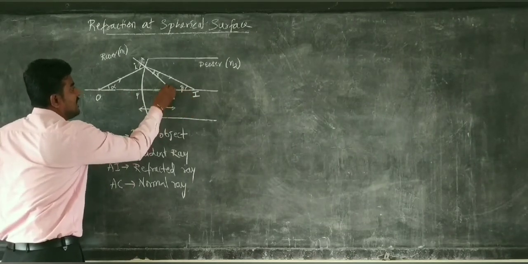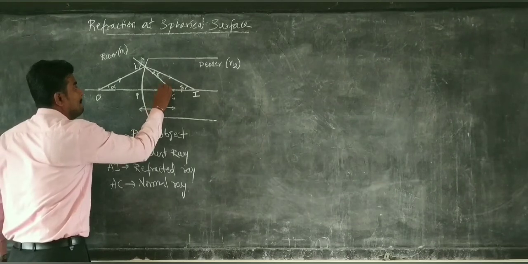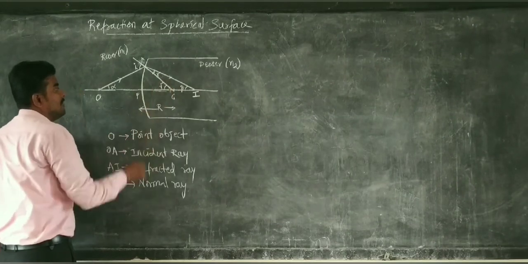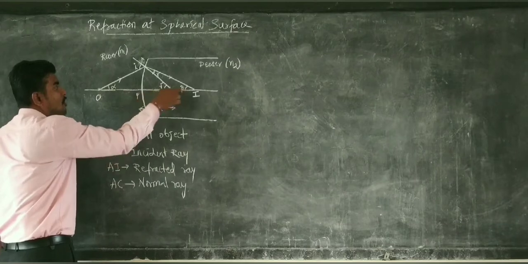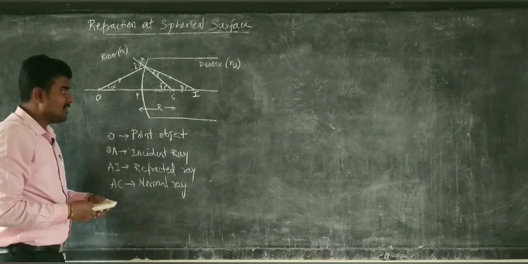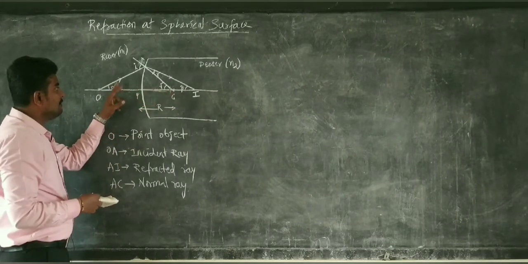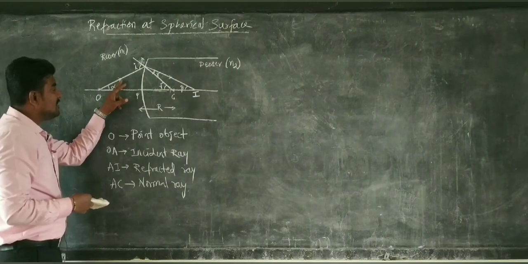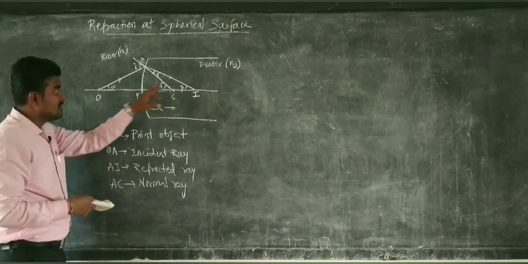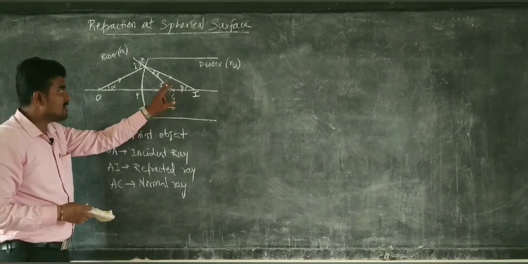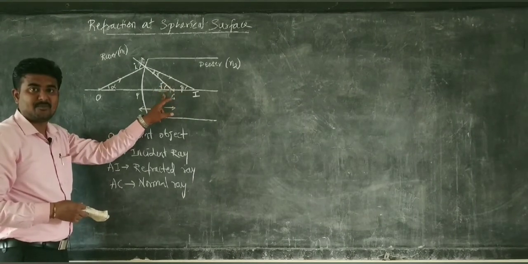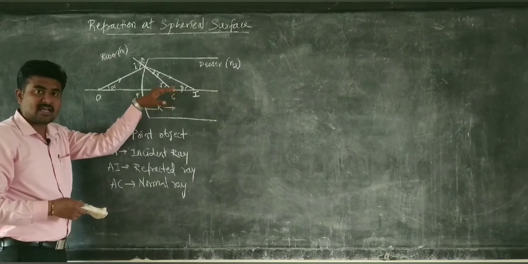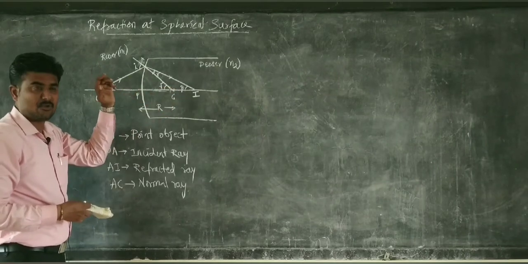This is beta and let us take this as gamma. See, alpha, beta and gamma, all these three angles are very small angles, and these angles are between incident ray and principal axis, refracted ray and principal axis, normal and principal axis, okay. So all these three angles are connected with the principal axis, okay.